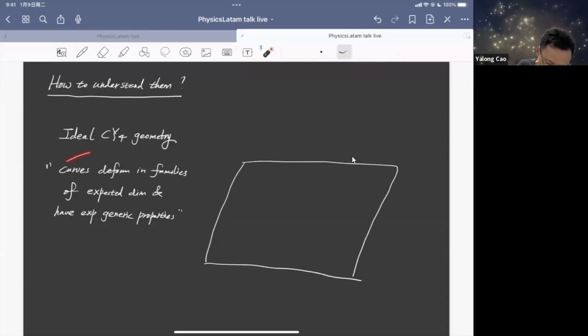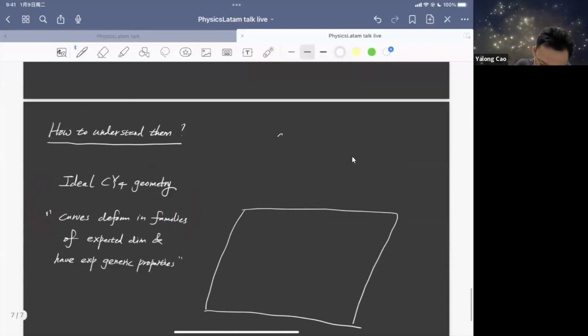The meaning of this sentence is that, first of all, we only have genus 0 and genus 1. Remember the virtual dimension is 1 minus g. So in the genus 0 case, the curve should deform in a one-dimensional family because 1 minus 0 is 1. Then the behavior of this rational curve should be like this.